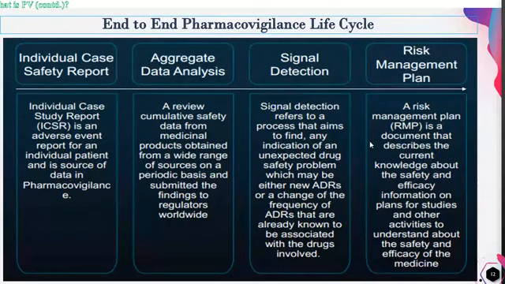Then we have a risk management plan. A risk management plan is a document that describes the current knowledge about safety and efficacy information, and the plans for studies and other activities to understand the safety and efficacy of the medicine. It is meant to better control the use of the medicine, understand its benefit as well as its effective use, so that we stay away from the known side effects.